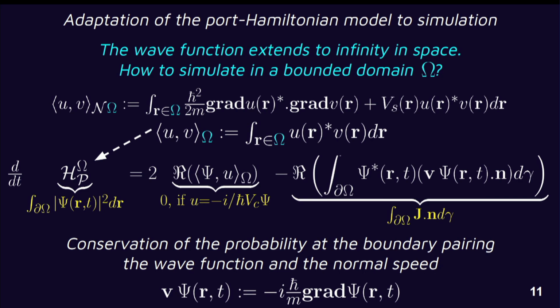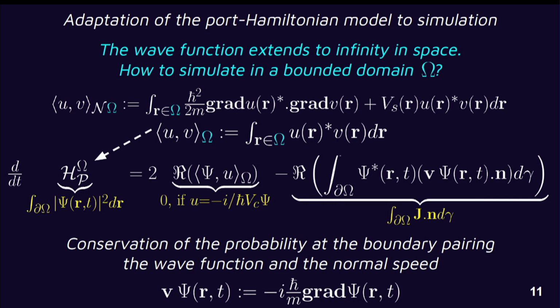But the wave function extends to infinity, and we would like to simulate the evolution of the wave function. So we have to define a model to simulate the wave function on a bounded domain. To do so, we create a kind of virtual system using the restriction of the two previous inner products to the bounded domain.